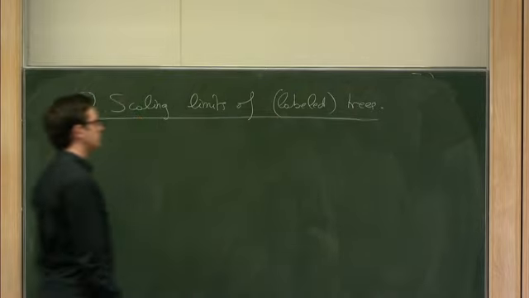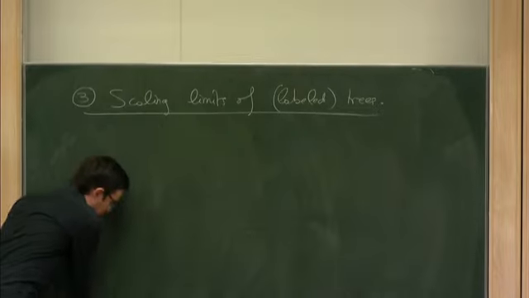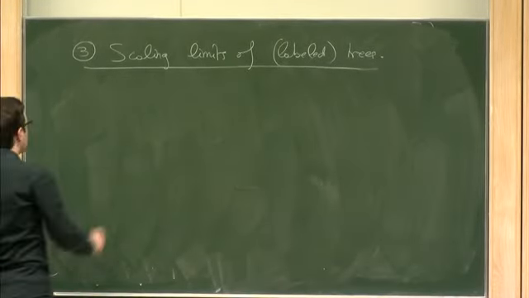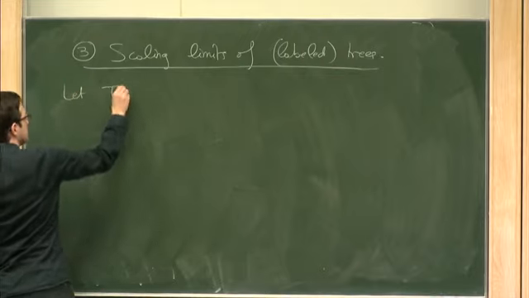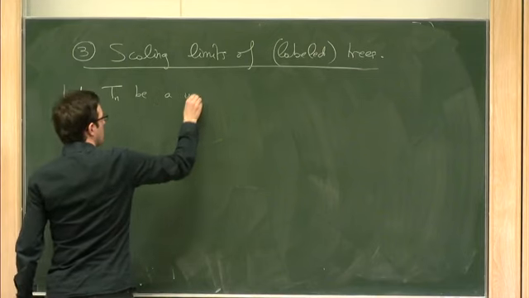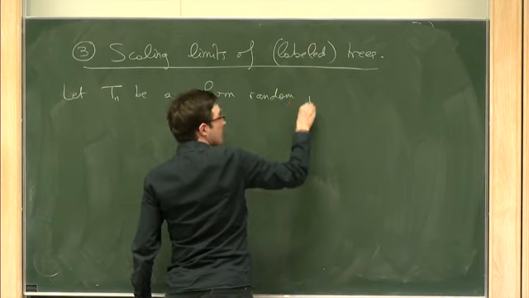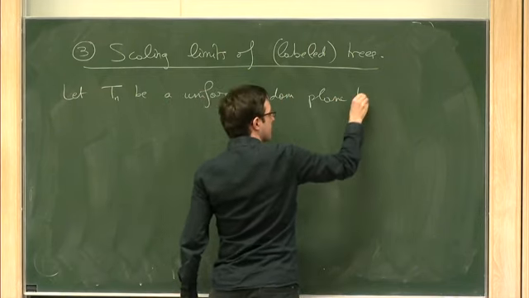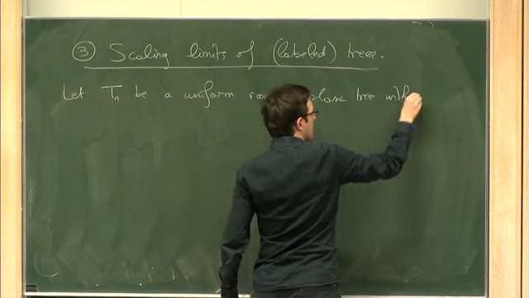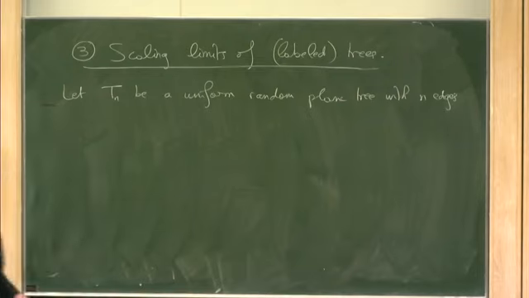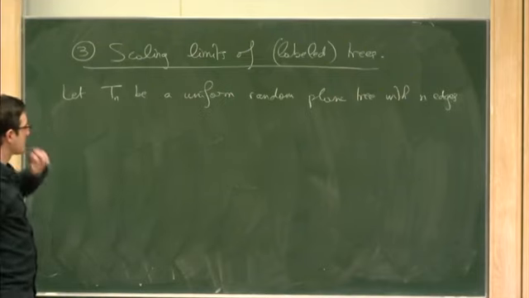Okay, and in fact, before looking at labeled trees, I'm just going to look at trees. So let Tn be a uniform random plane tree with n edges. And we want to understand the structure of this tree as n goes to infinity.